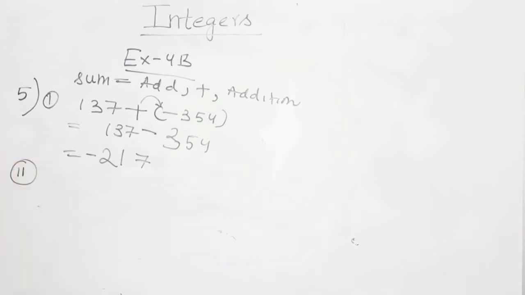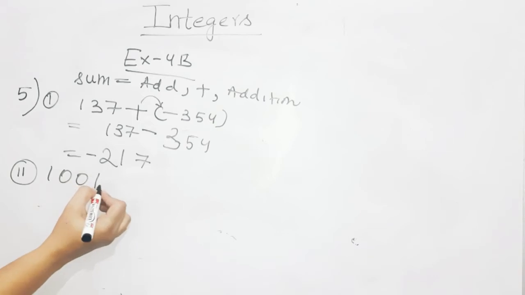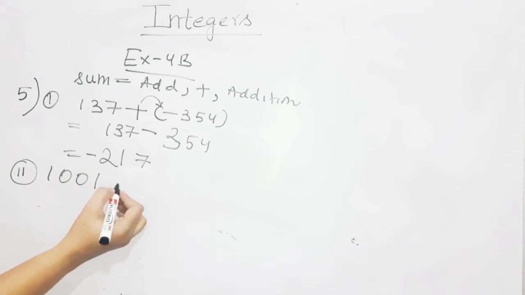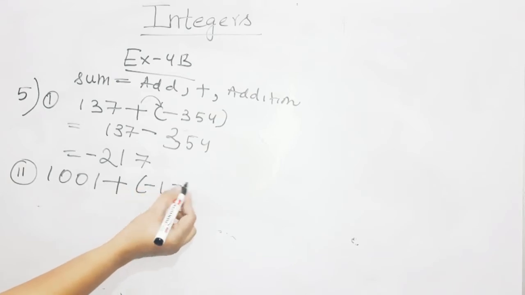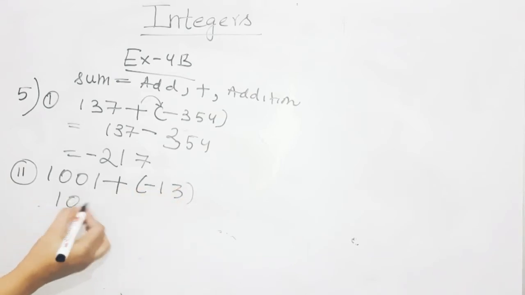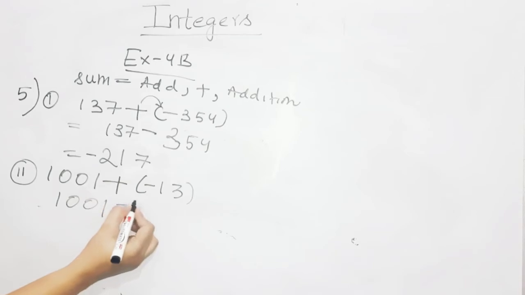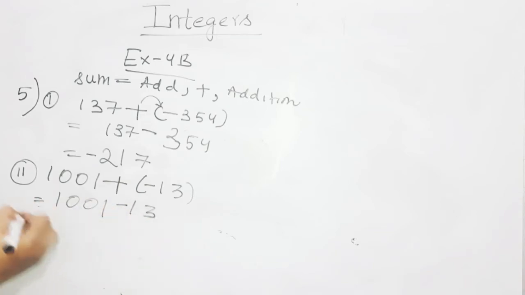Coming to the second option. The second option is 1001 and minus 13, right? Again the same thing is going to be followed. 1001 plus minus is minus, so 1001 minus 13. See, one integer is positive, one integer is negative. We have to subtract, and the greater number has which sign?